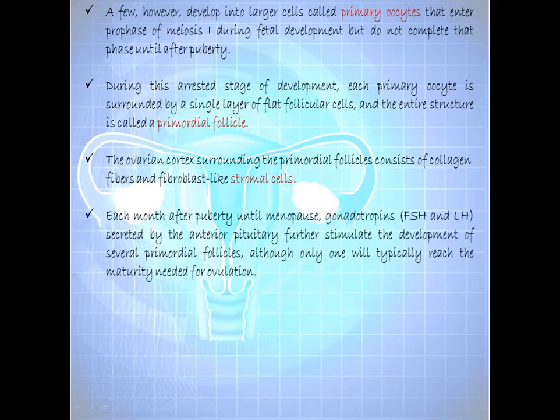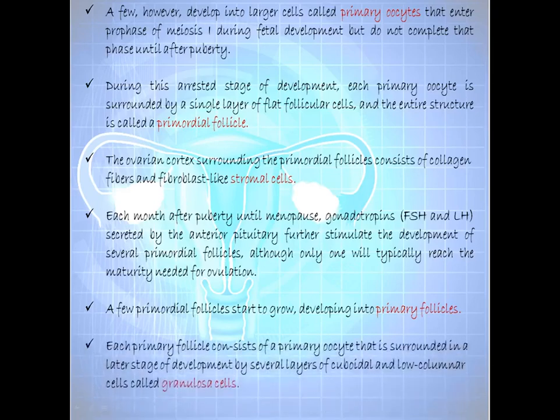Each month after puberty until menopause, gonadotropins, meaning FSH and LH, secreted by the anterior pituitary further stimulate the development of several primordial follicles, although only one will typically reach the maturity needed for ovulation. A few primordial follicles start to grow, developing into primary follicles.